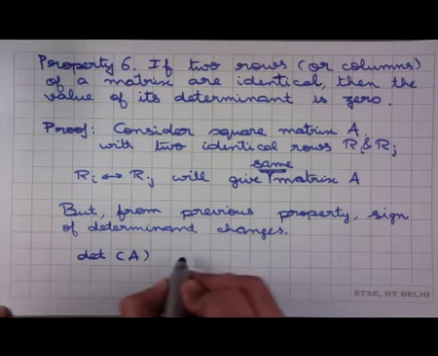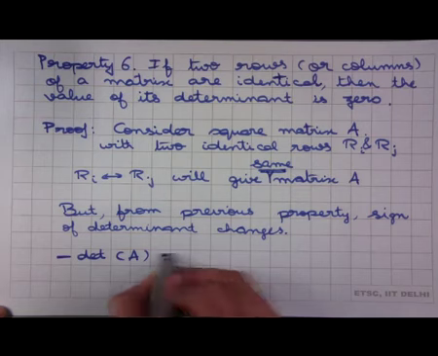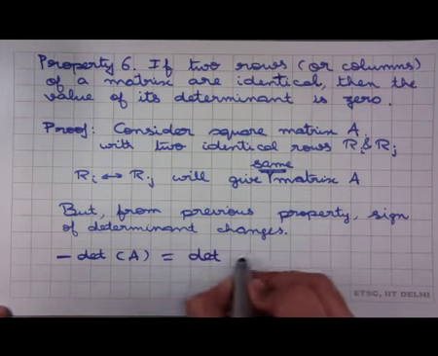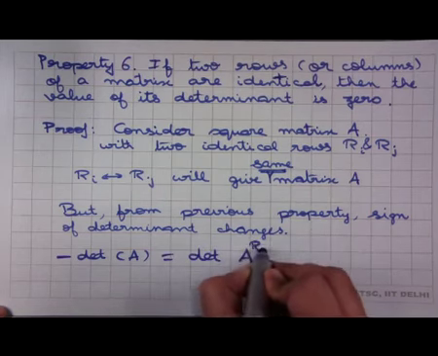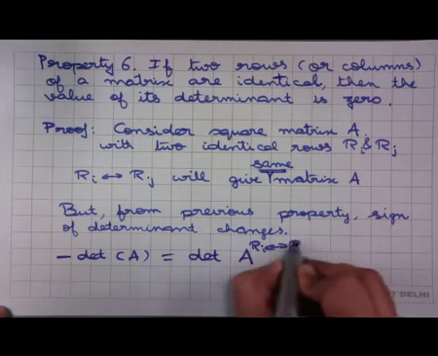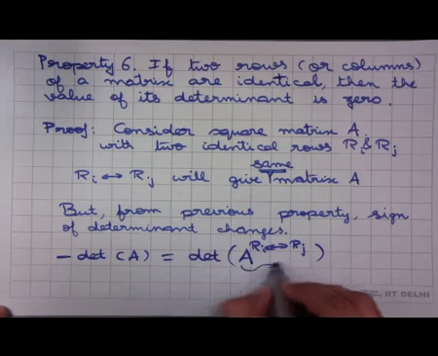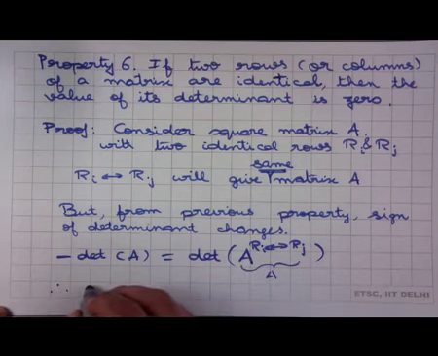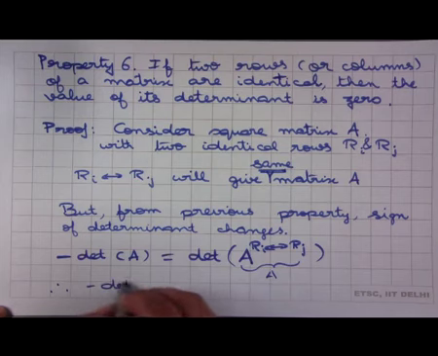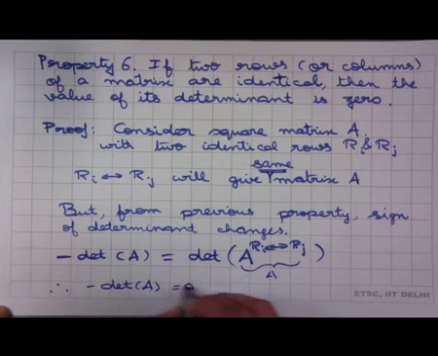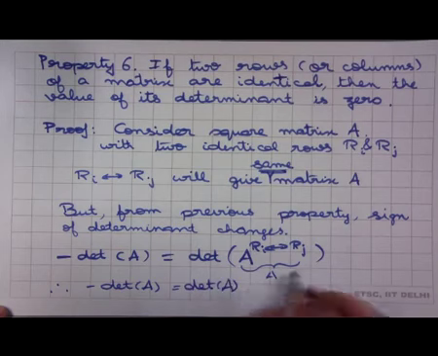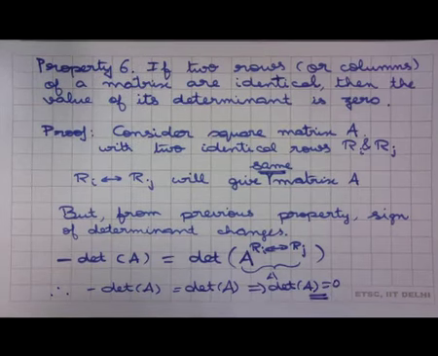The determinant of this is the determinant of the matrix where rows R i and R j are interchanged, but because R i and R j are identical, this matrix is nothing but A. Therefore, minus determinant of A is equal to determinant of A, which is only possible if the determinant of A is 0, all right.